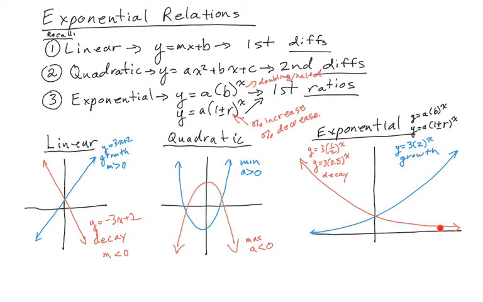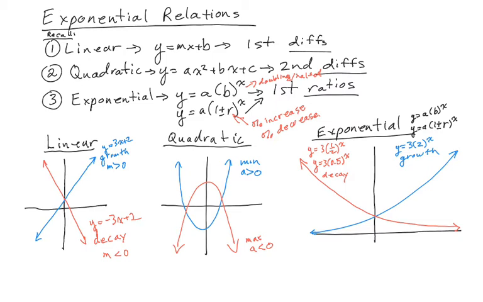Exponentials that follow this path here, we call exponential decay because as we move from left to right, our amount decreases as time goes on. If our amount, or money, or stuff that we're dealing with continues to increase over time, then we call that growth.